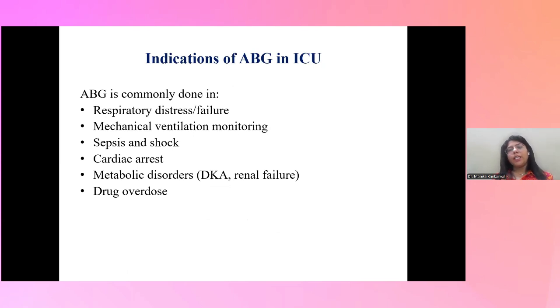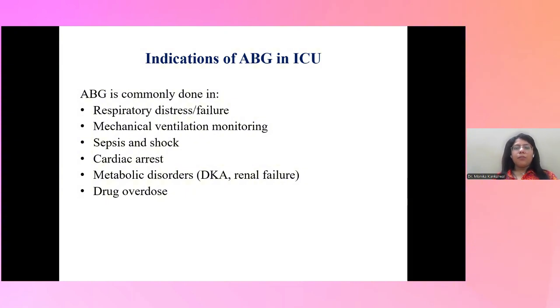What is the main indication of ABG in the ICU setting? As you all know, the ICU is an area where we deal with critically ill patients, and the majority of patients encounter respiratory distress, ARDS, or acute lung injury. Patients are on mechanical ventilators, so we need to know how well the patients are doing on the mechanical ventilators.